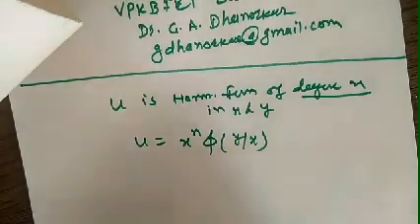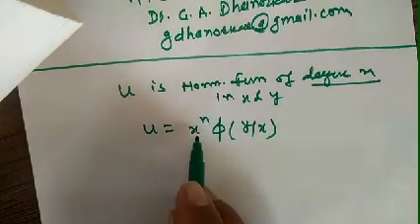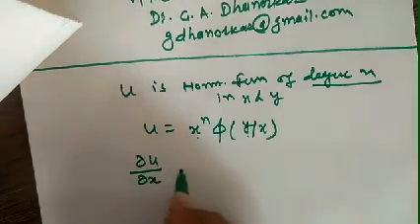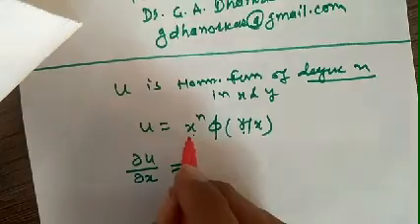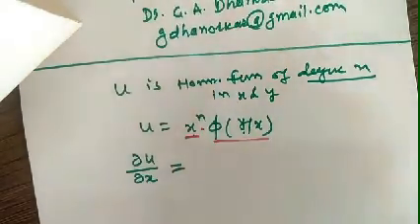I will differentiate this function partially with respect to x, because this is a function of x and y. While finding the derivative with respect to x, x raised to n and this phi function are two functions, so we have to use the product rule.